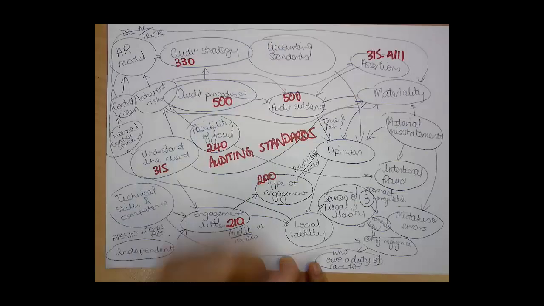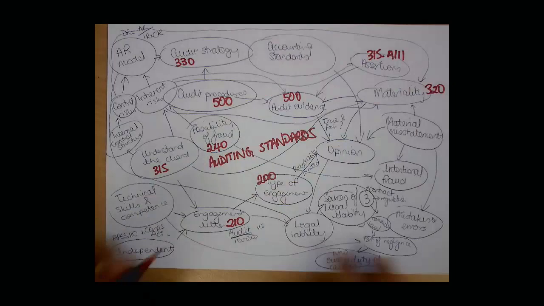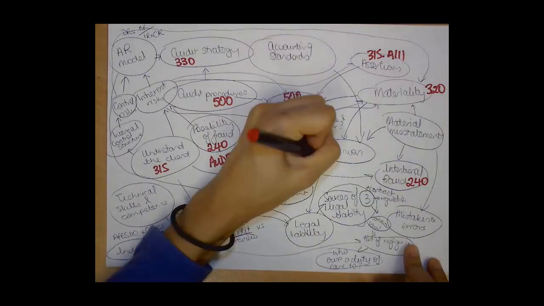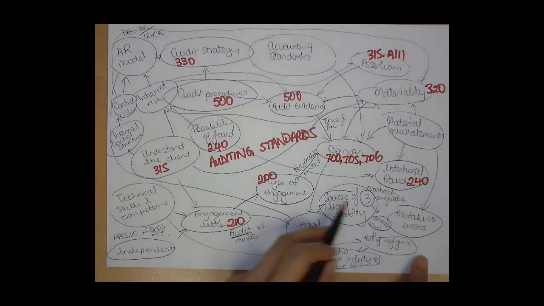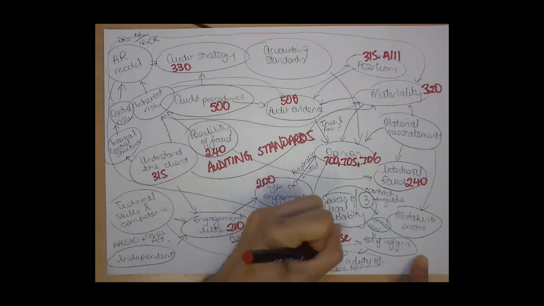our assertions come in 315A111, materiality is in ASA 320, fraud again covered in 240, opinions in 700, 705, 706. Legal liability obviously is our case law, so there's not any standards there.